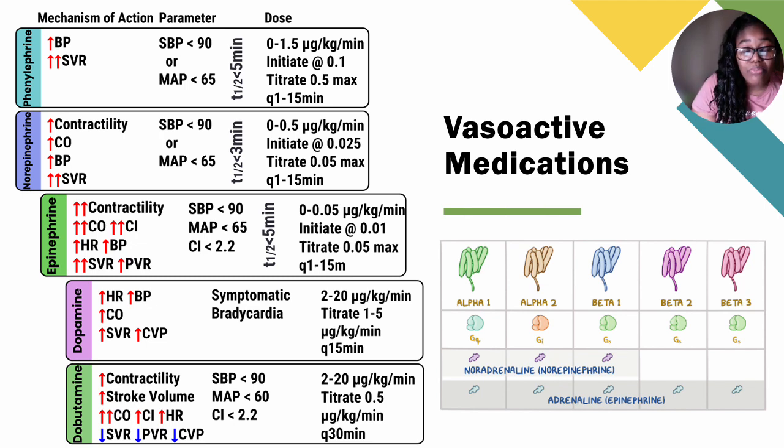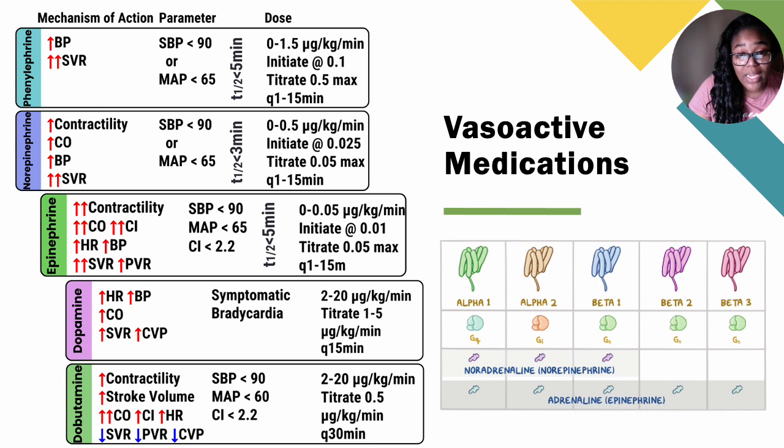So if we abruptly stop these medications, or if it gets cut off by accident, or if our bag of fluid runs out with this medication, we do see adverse effects and we can even see clinical death as a result. So we have to wean, or slowly decrease, the dosage of each of these medications in the body in order to have a positive and better response.